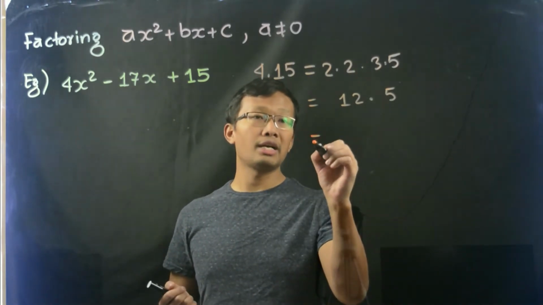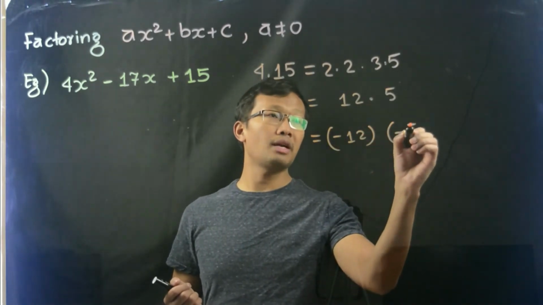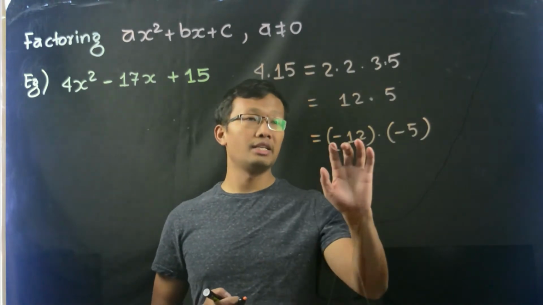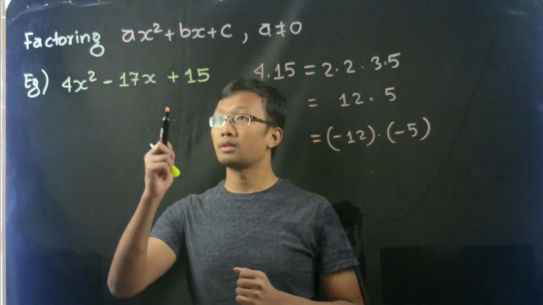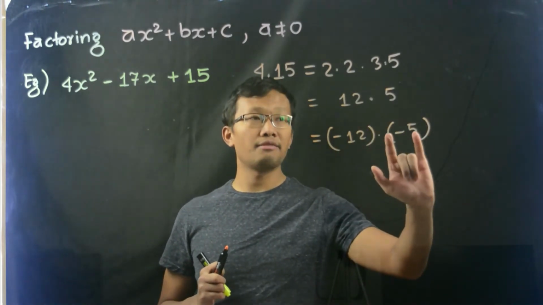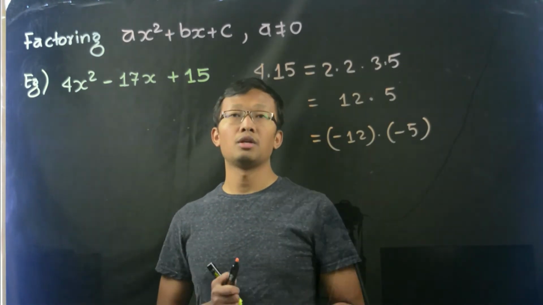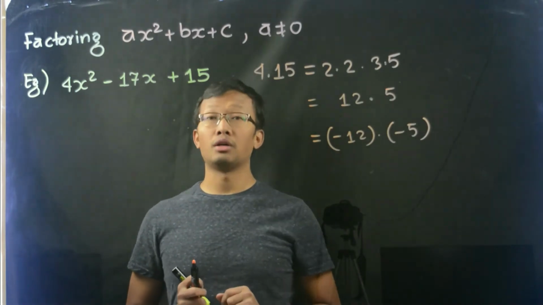So why don't we write it this way: negative 12 times negative 5. You can easily realize that negative 12 plus negative 5 is negative 17. That's correct. And also negative 12 times negative 5 is again 4 times 15. So we get rid of the trouble in this way. I hope you understood this.